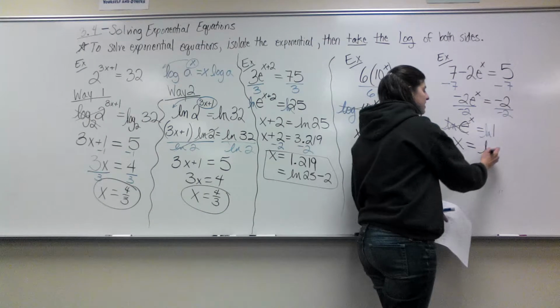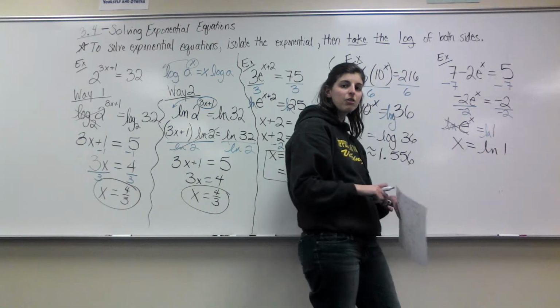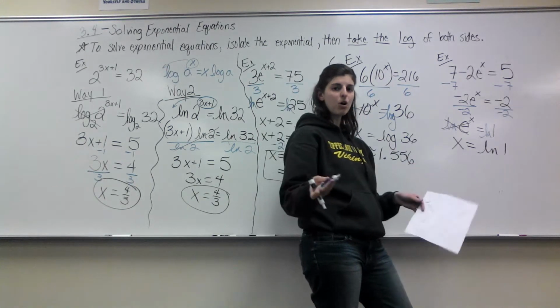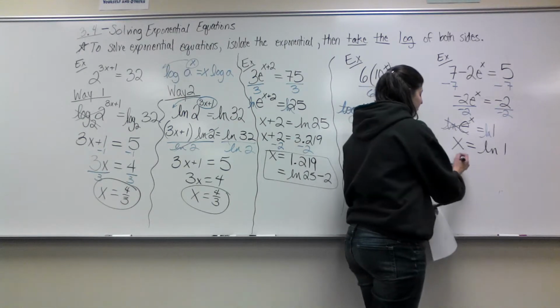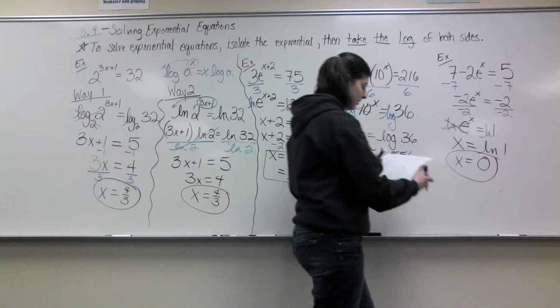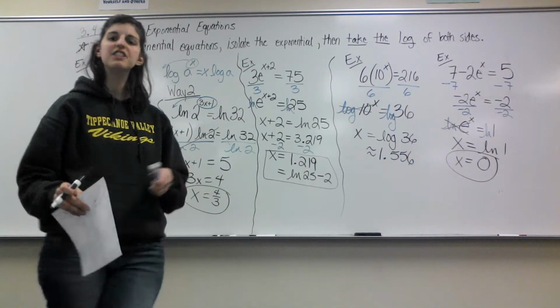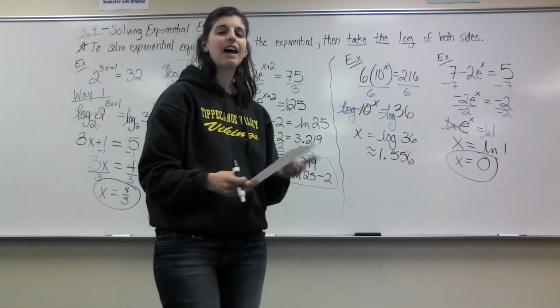So x equals the natural log of 1. Natural log of 1 can be evaluated in a calculator if you do not know e to what power equals 1. Okay, and you should get 0. All right. Because e to the 0 power is equal to 1. Many of you probably knew that.